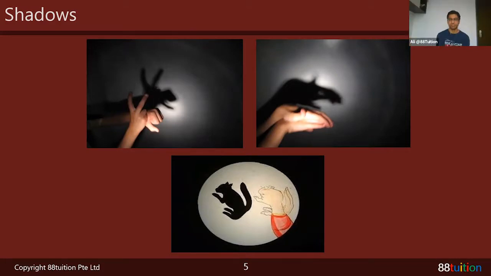I do a rabbit like this. You have to put it close together like this, and then put right here. I also do a bat.